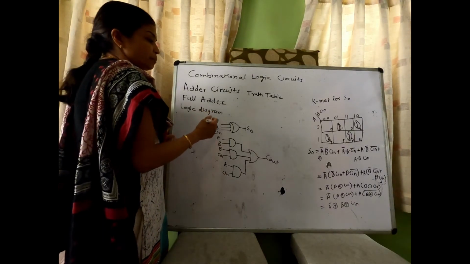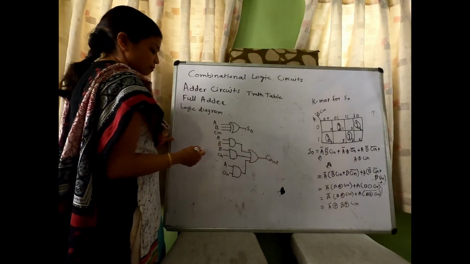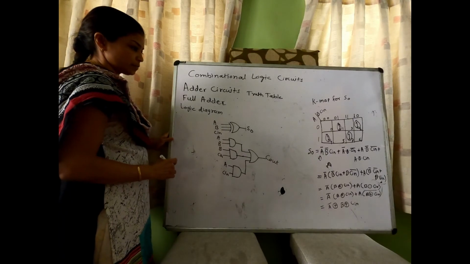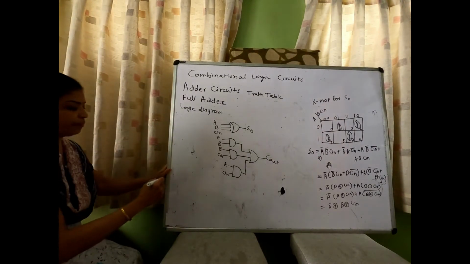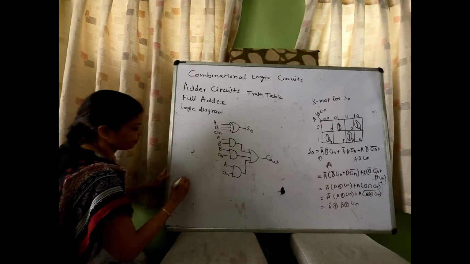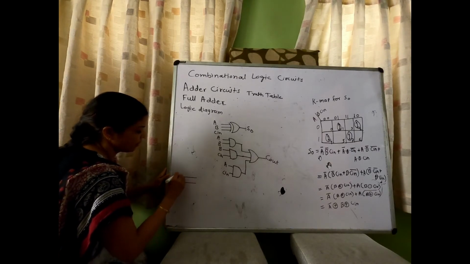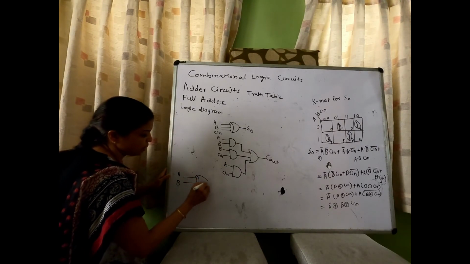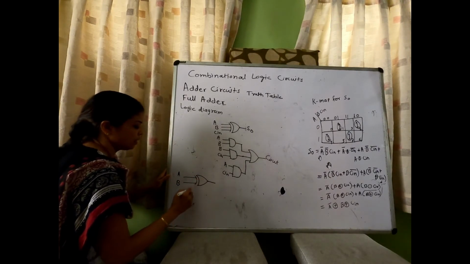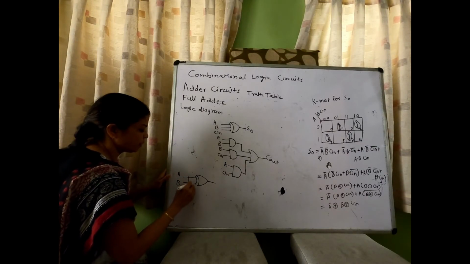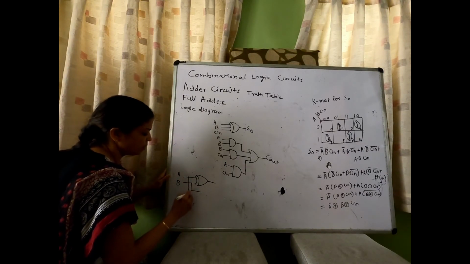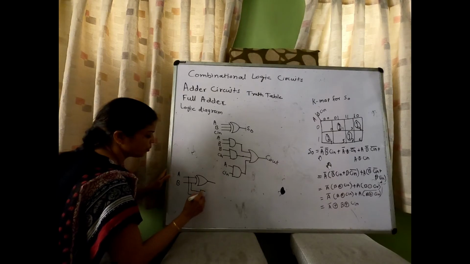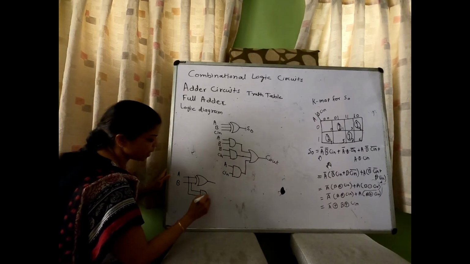Again this full adder can be expressed with two half adders. Here we have the A B XOR operation, that is S0, and A dot B for the C out of the first half adder.